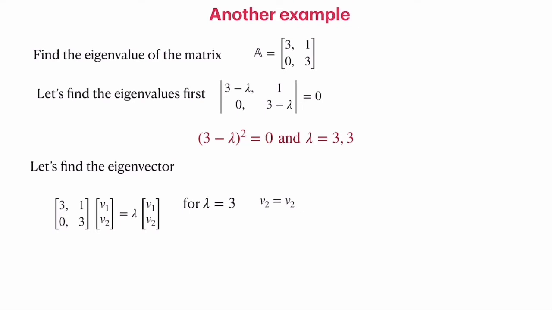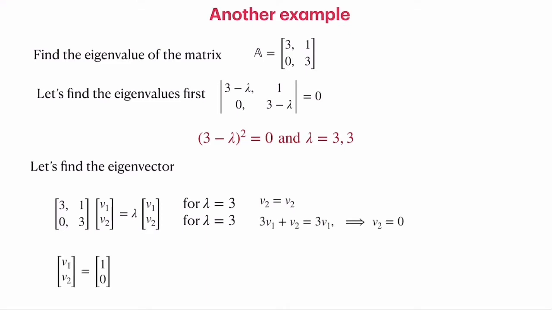So we have 3, 1, 0, 3 acting on v1 and v2, the components of the first eigenvector, equal to lambda times v1, v2, with lambda equal to 3. When we solve this, the second equation gives v2 equal to v2. So that means it doesn't give any extra condition. v2 remains arbitrary. Now let's solve the first equation.